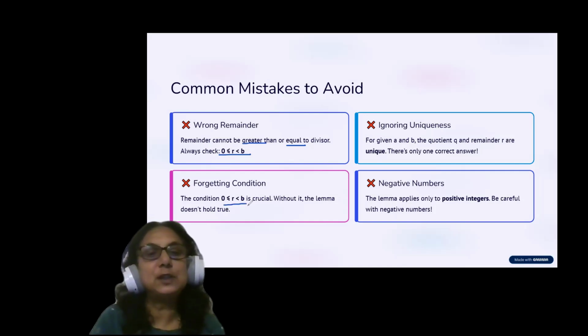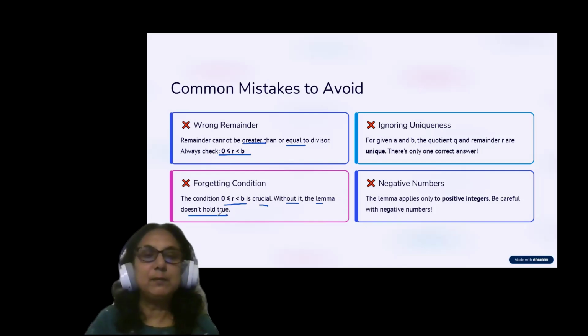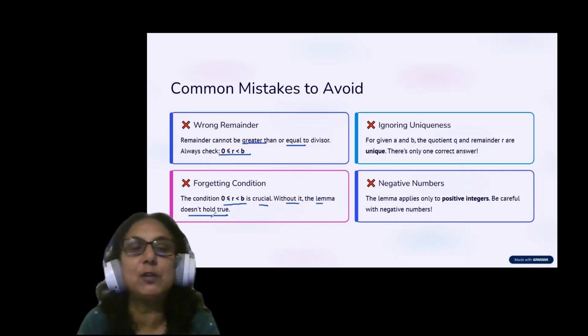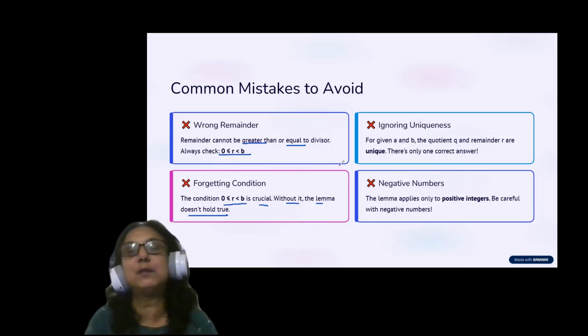This condition is crucial, very important. Without it, the lemma does not hold true. If the remainder becomes negative, Euclid's lemma will not work properly.